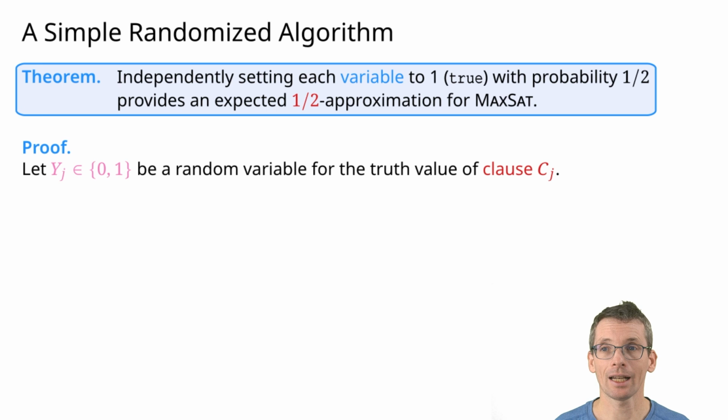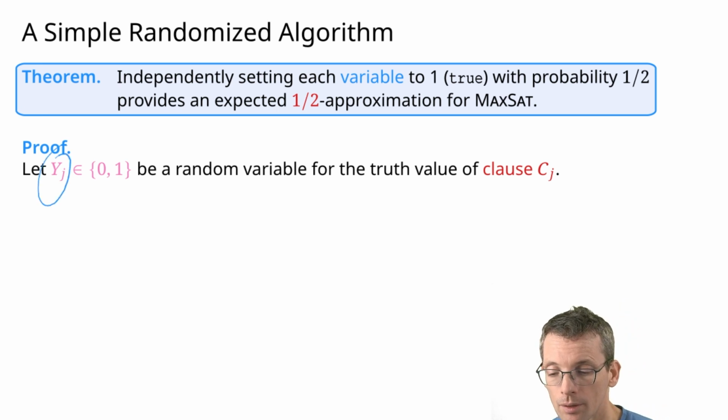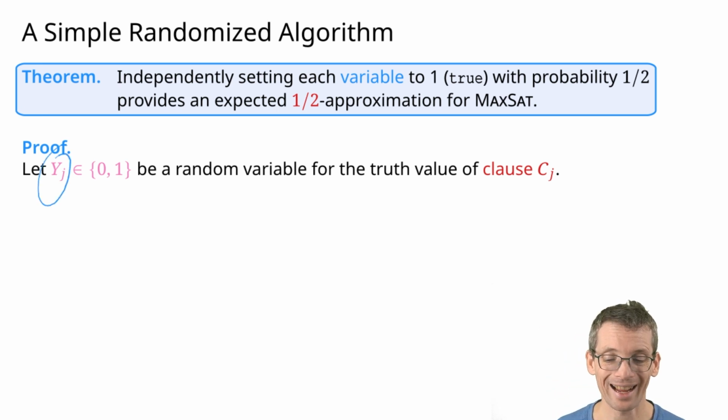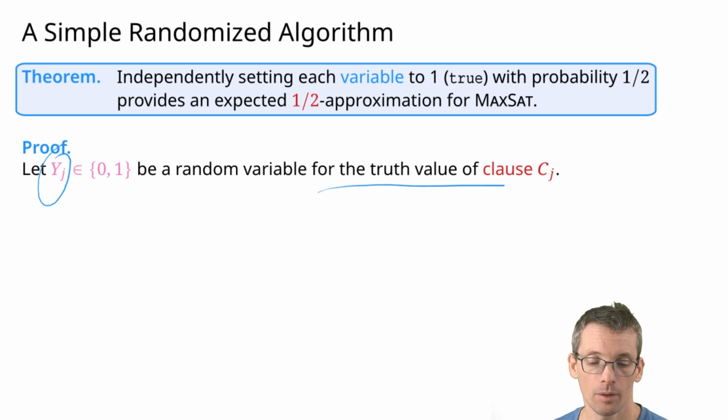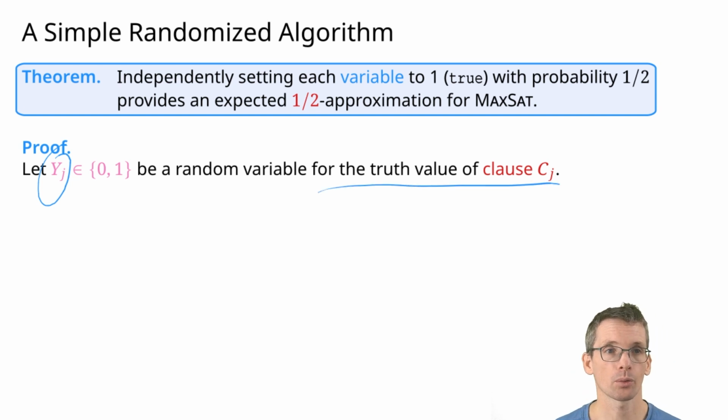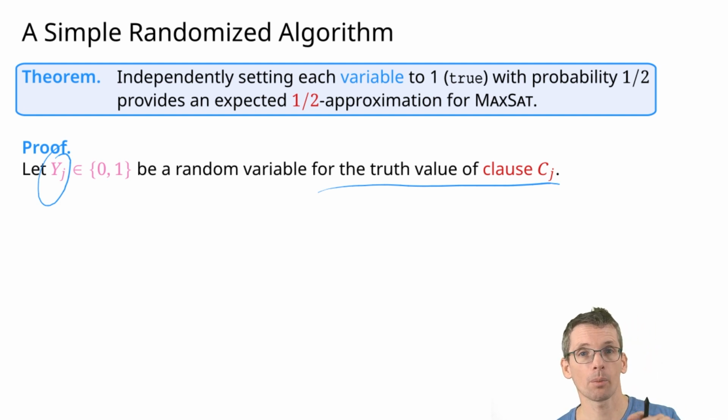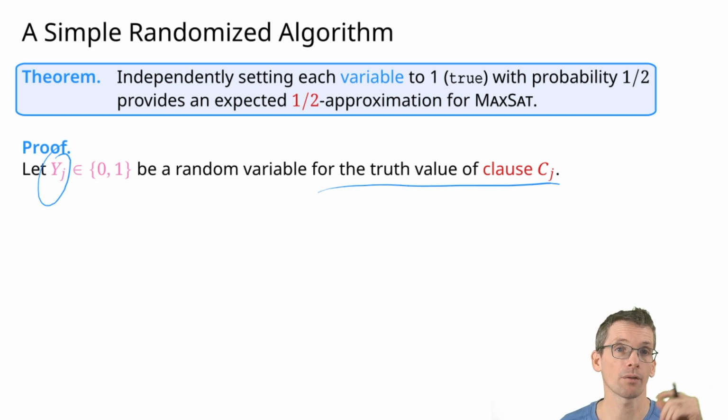And for the analysis, we're going to use random variables yj, which correspond to the truth value of the clause Cj. So in particular, yj with probability 1/2 is 1, with probability 1/2 is 0.